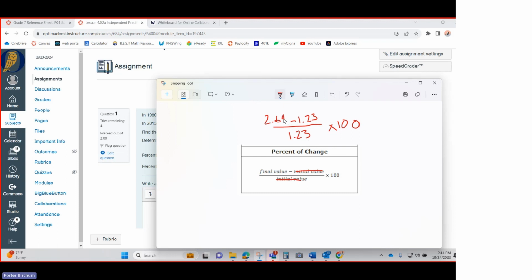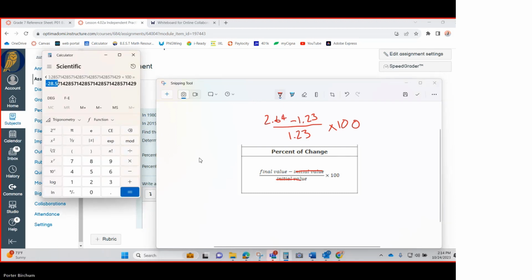2.64. Now with my calculator's help, let's find the answer. 2.64 minus 1.23. Now, it's very important that I click the equal sign first before clicking the divide, so that my calculator knows to do the minus first.